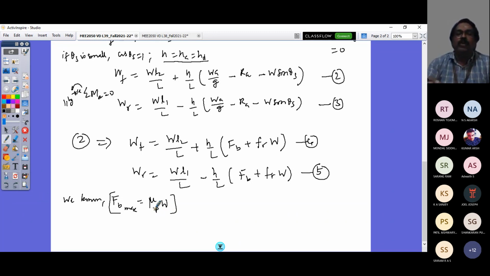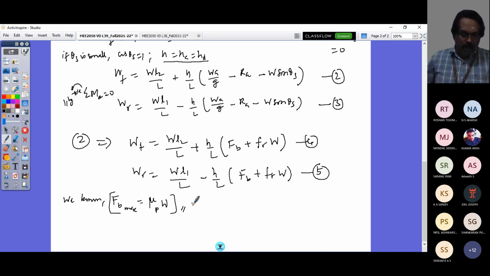So just to prevent wheel locking and to let the wheels decelerate gradually, in the shortest distance, I should reach my FB developed at the wheels closer to this value, and not beyond that. That's what would be taken care of by your ABS system.